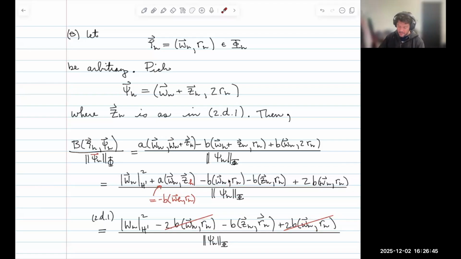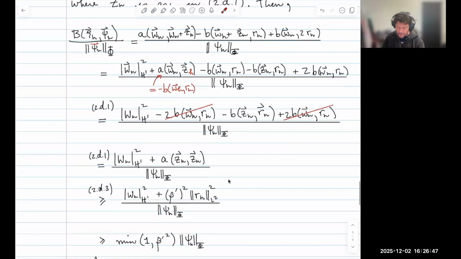Okay, so I've eliminated that one. What about this? I'm going to use 2.1.1 to convert this to the A bilinear form. So what would this one be equal to?